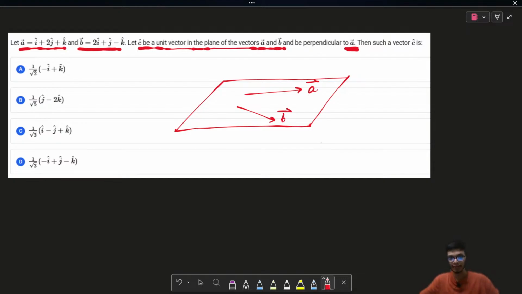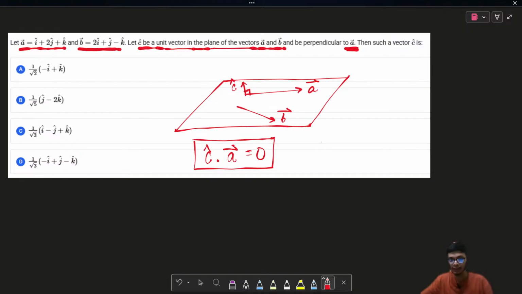Now, a vector and b vector are given to us, and c vector is a unit vector lying in the same plane as a and b, but perpendicular to the a vector. So c cap is perpendicular to a vector. When a vector is perpendicular, I simply take the dot product and equate it to 0.